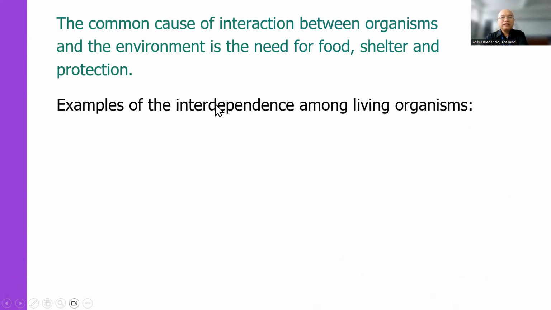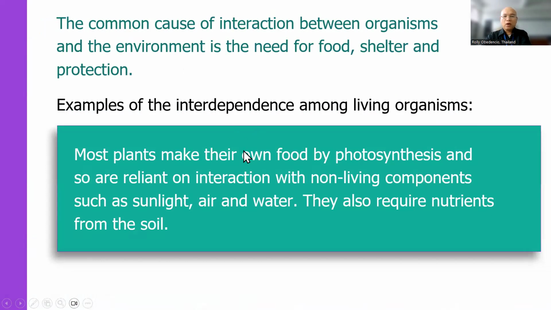Examples of the interdependence among living organisms. Most plants make their own food by photosynthesis and so rely on interaction with non-living components such as sunlight, air, and water. They also require nutrients from the soil.